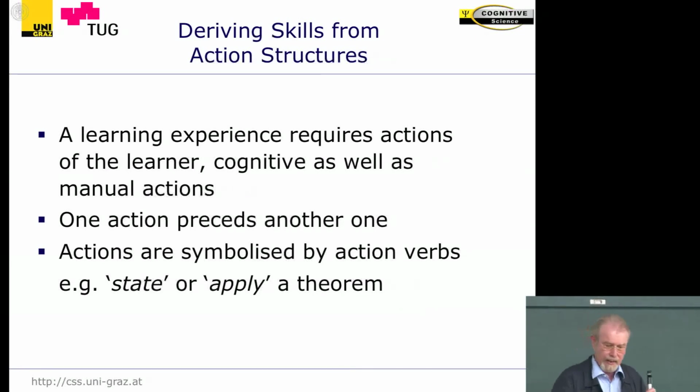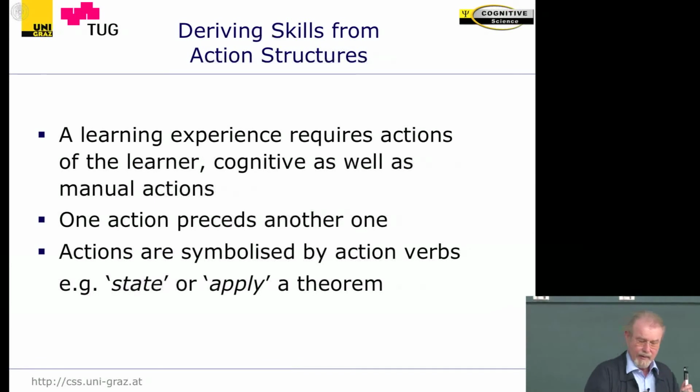That means one action is a prerequisite for another action. In this simple example, the action state a theorem is a prerequisite for apply a theorem. So if you take the different possible cognitive actions, you can ask yourself, is some action involved in another one?